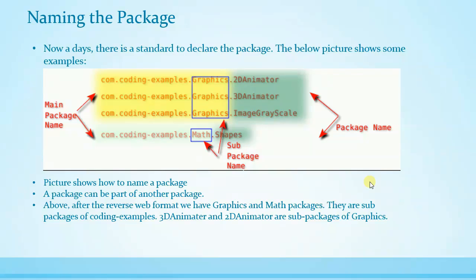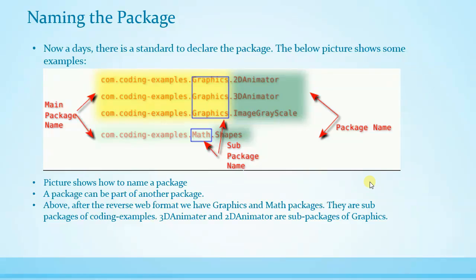Above, after the reversed web format, we have the graphics and math packages, and you can see that they are marked in blue color. Both graphics and math are sub packages of coding examples. That means coding examples is the main package for graphics and math.